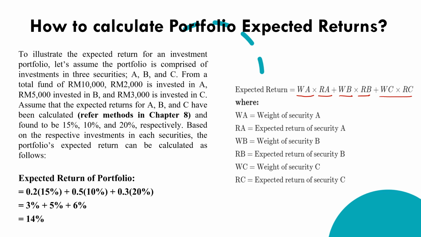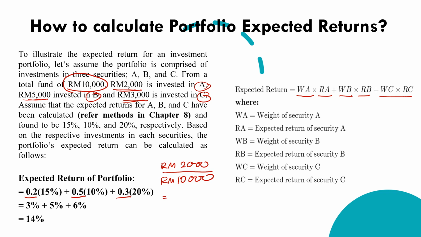So if you look at the example here in this slide, if you want to find the weight of each security, from a total fund of 10,000, 2,000 is invested in A, 5,000 invested in B, and 3,000 invested in C. So therefore, you can get the weight by dividing the proportion of fund invested in A. I give you an example here: 2,000 divided by the total amount of fund of 10,000.